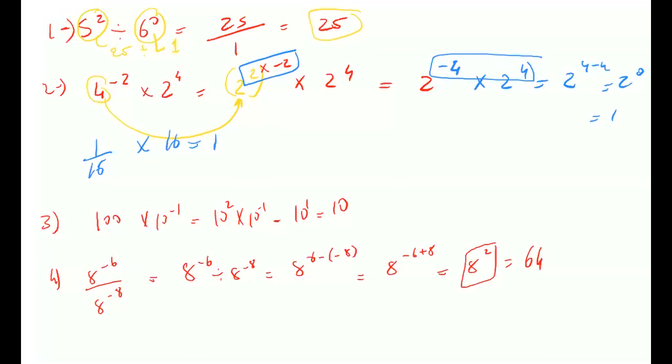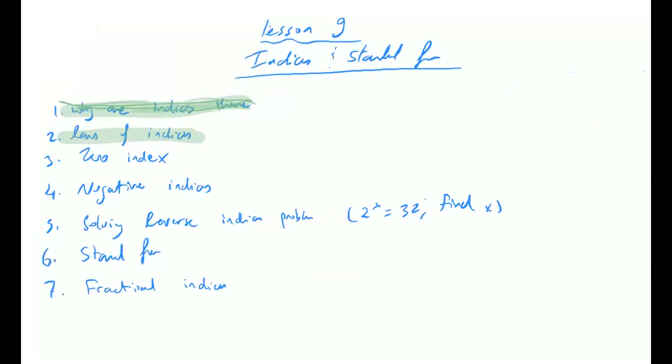Did you all understand number 4? Yes, okay. So zero index is done. Negative indices is done. So we have solving reverse indices problems, standard form, and fractional indices. So let's finish them quickly.